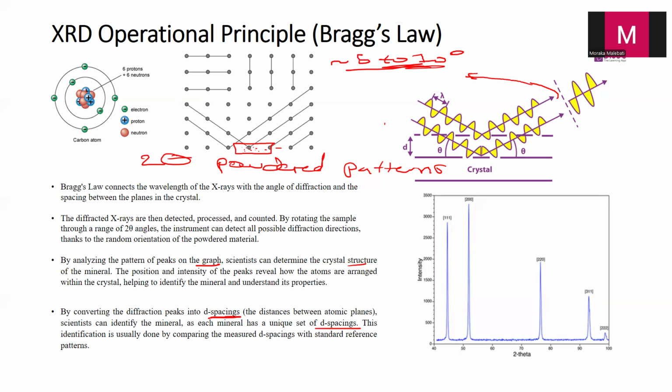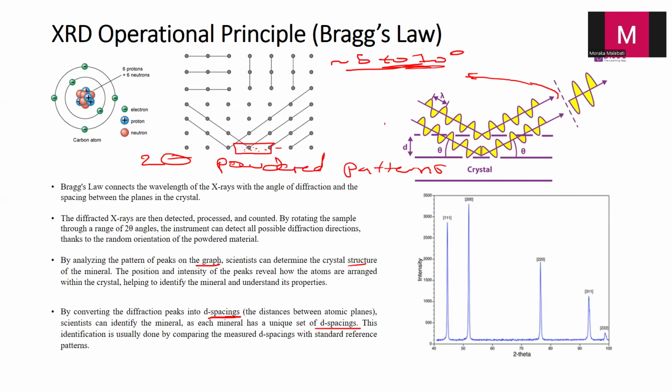I think this brings us to the end of the lesson on XRD. I hope you understand now what an XRD is, the components of an XRD, the powdered sample, how it operates, and how Bragg's law connects the wavelength of the X-rays with the angle of diffraction, and of course the spacing d.